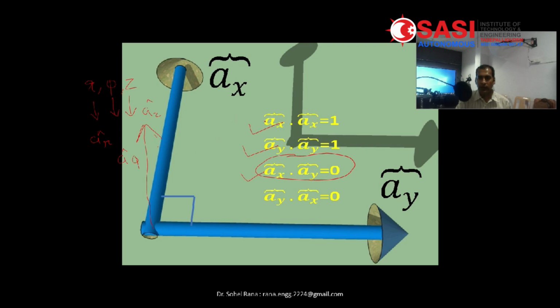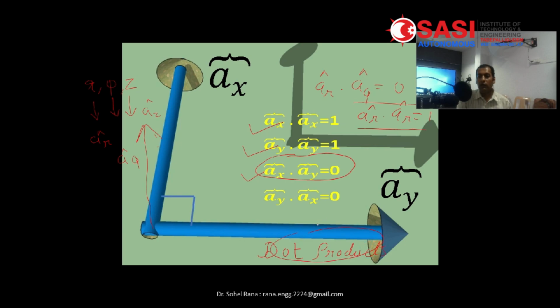For example, ar cap dot a phi cap will be 0. But if we take the dot product of ar cap with the same ar cap, the answer will be 1. What we have to remember is that these rules are for dot products of the directions.